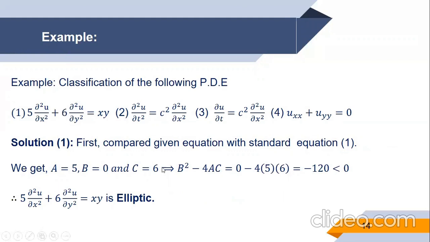So we apply B square minus 4AC, which gives minus 120. That means less than 0. So the given PDE is elliptic.